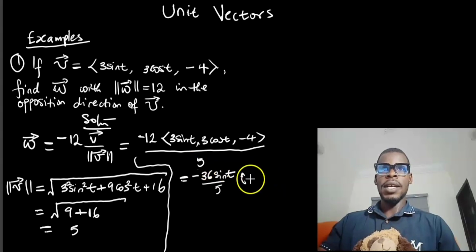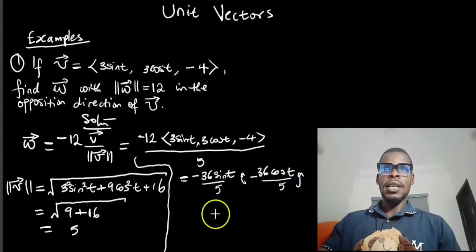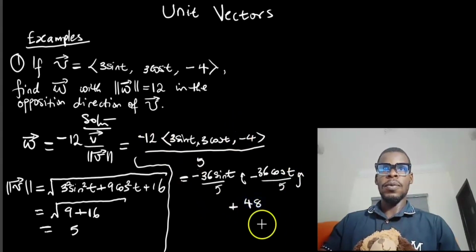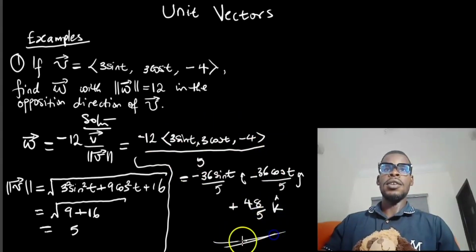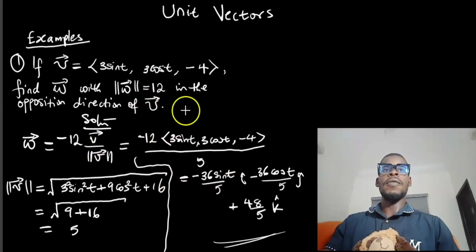Then we have negative 36 cosine t over 5 in the j hat direction. That's unit vector j hat, and then plus 48, that is negative 12 times negative 4 over 5 in the k hat direction. So this right here is our desired vector w, which points in the opposite direction of vector v, and its size is 12.